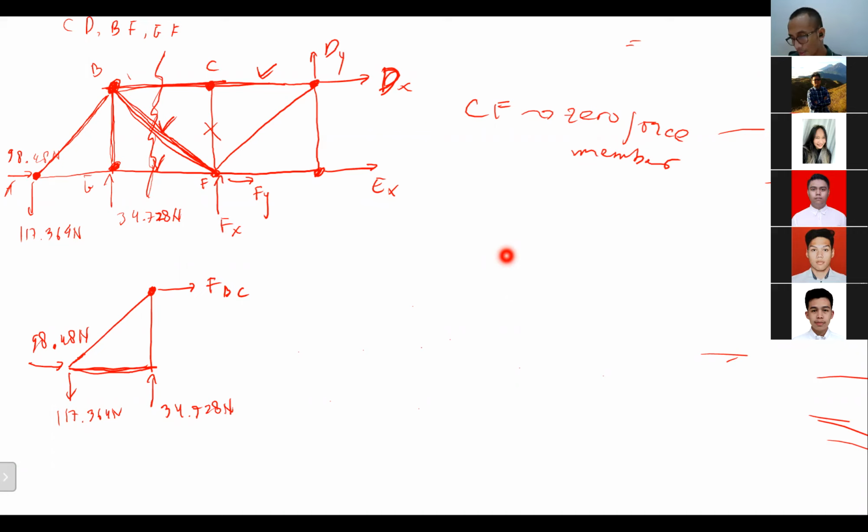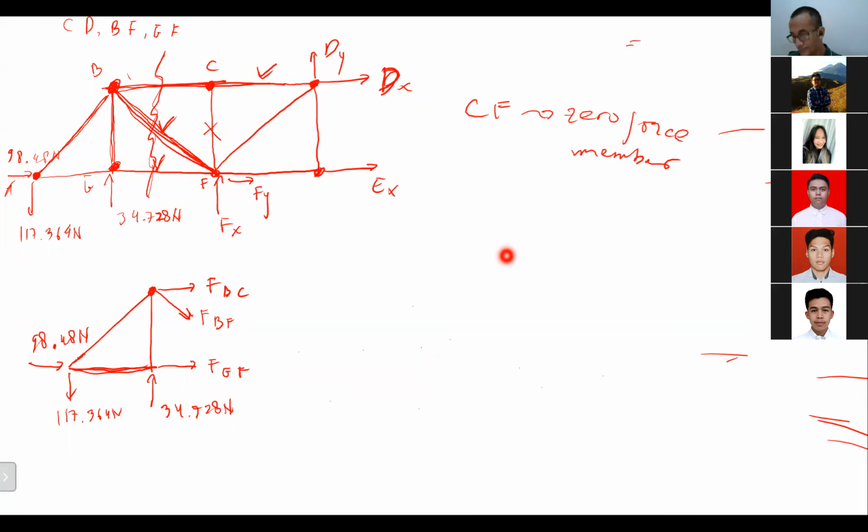I will assume it as tension. Is it going to the top left or bottom right? Bottom right. This one. FBF. The last one, FGF. Right or left? Right. Tension as well. Right, correct.